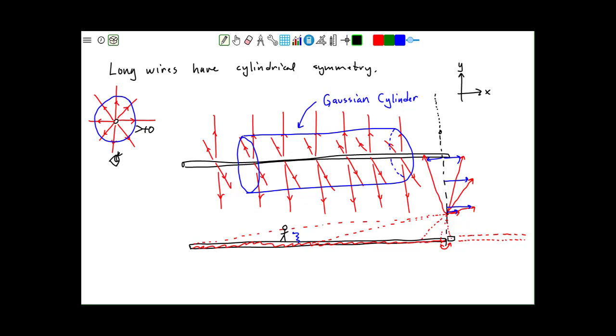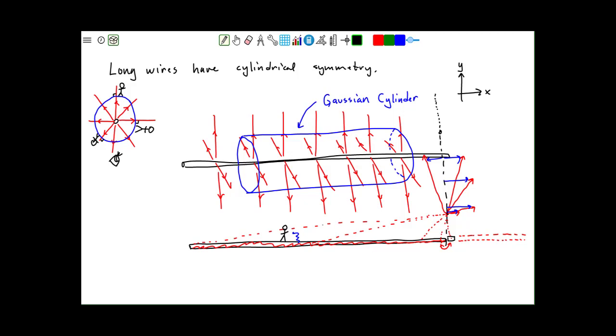At this point on the right, the electric field is perpendicular to the cylinder and is of a certain magnitude. This point on top, the electric field is still perpendicular to the cylinder and has the same magnitude. This point in the lower diagonal, the electric field is perpendicular to the cylinder and the same magnitude as all the other points.